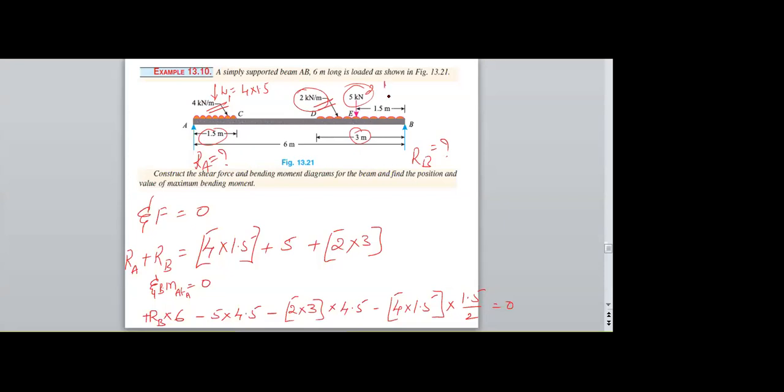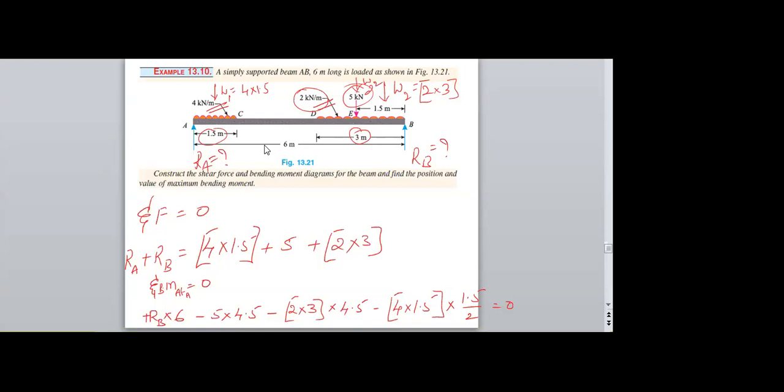So another point load W2, 2 into 3, acts at the center of the 3 meters. That means the same location: wherever the 5 kilonewtons is acting, the same position will be the W2 value.